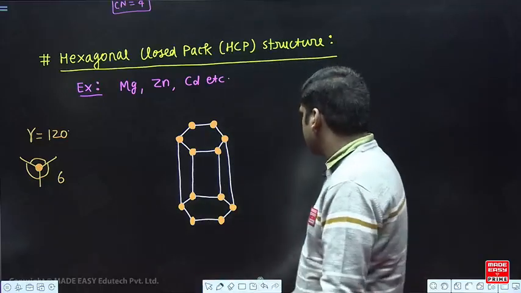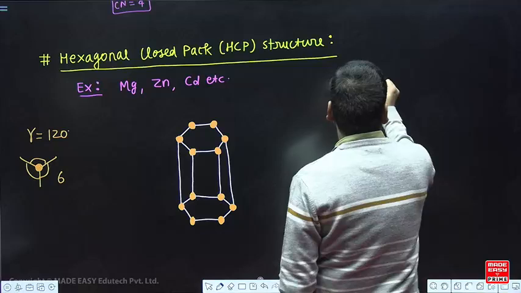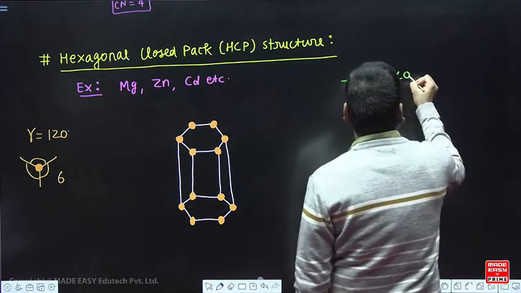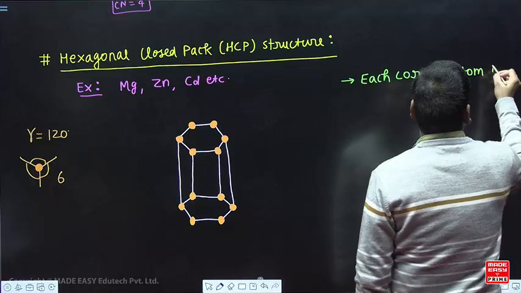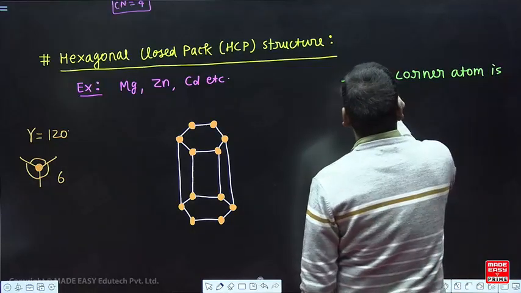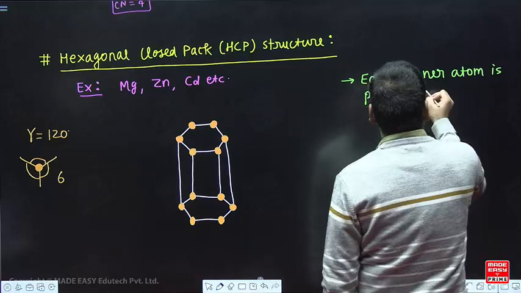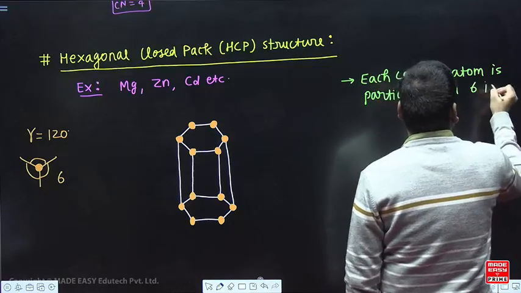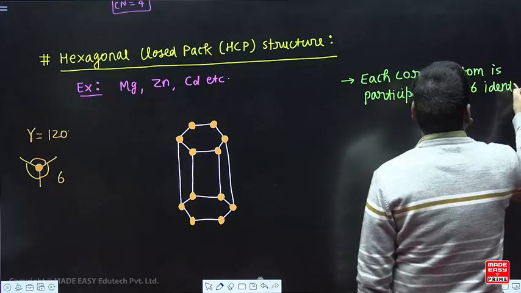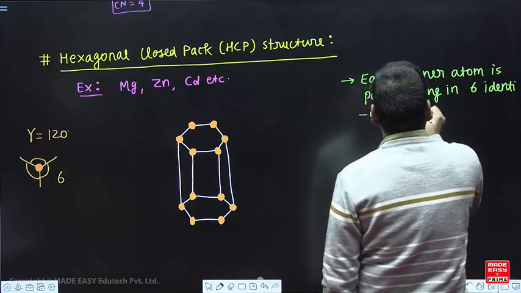Here each corner atom is participating in 6 identical cells.